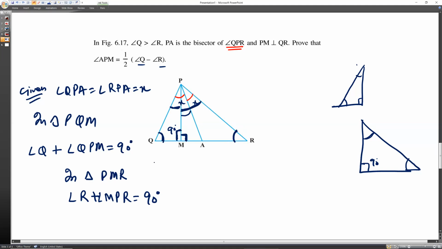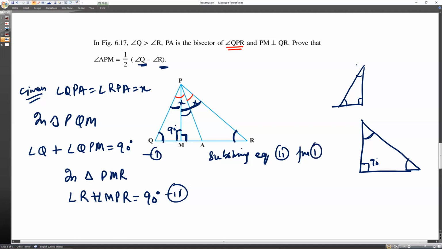Now what you need? You need Q minus R. So how will you get Q minus R? This is the equation first. This is equation 2. When you subtract the second equation from the first, write it: subtracting equation second from first.